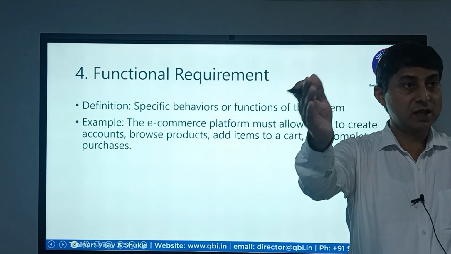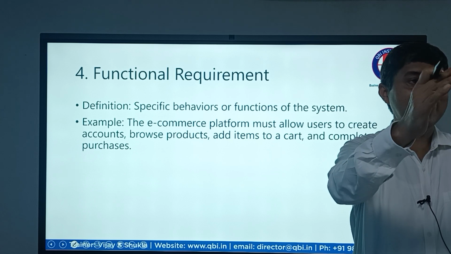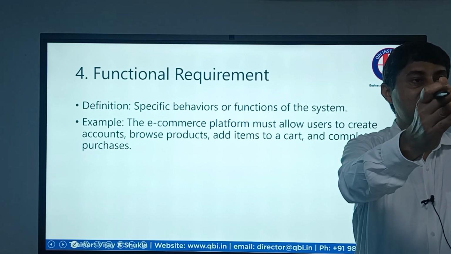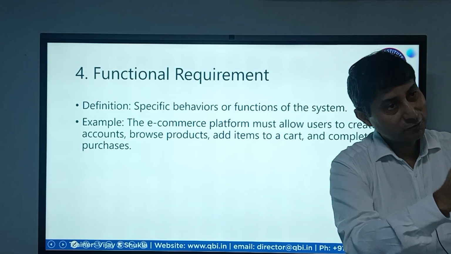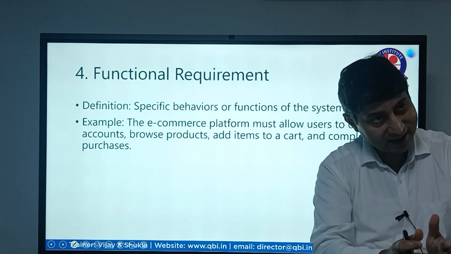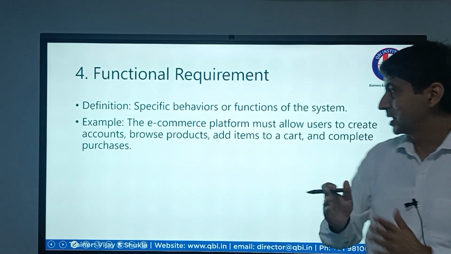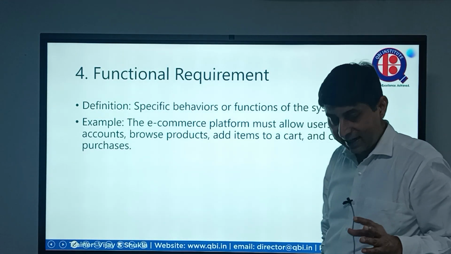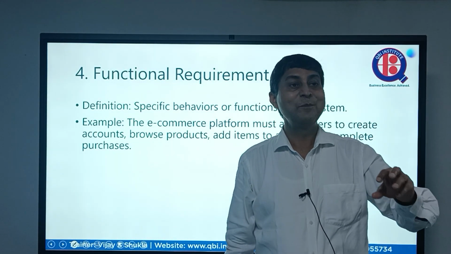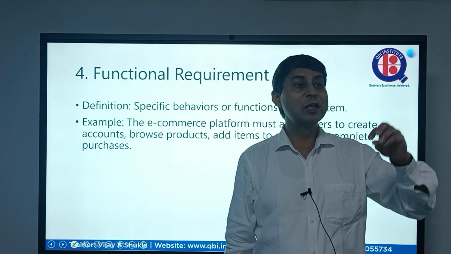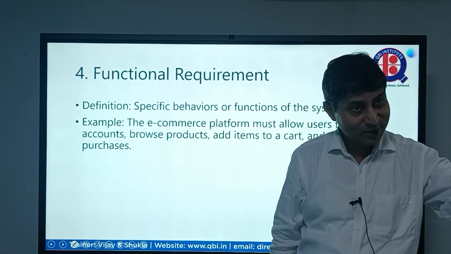So all these are large goals. For these large goals, we need capabilities. For that capability, we have designed a solution which is an ATM machine. Now this ATM machine will have its functional requirements, non-functional requirements, system requirements, and transition requirements. Similarly here, as a business analyst, our focus is many a times on functional requirements of the software: goals which end users can accomplish by utilizing the software.